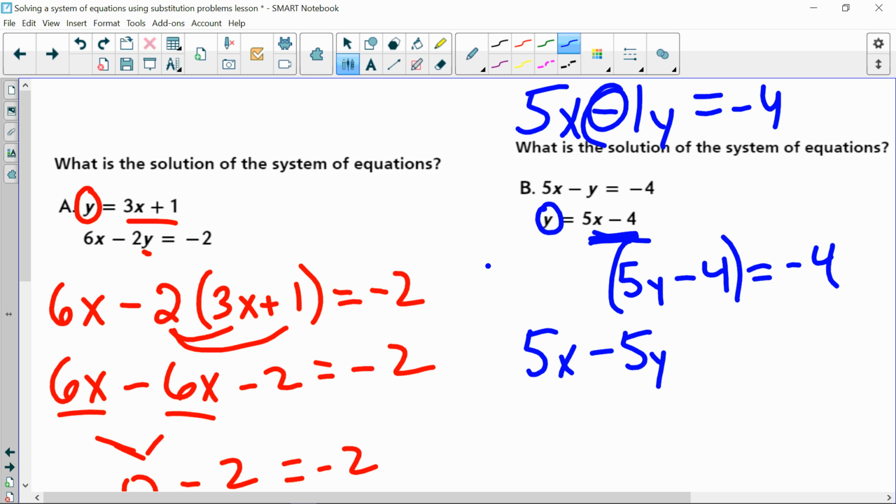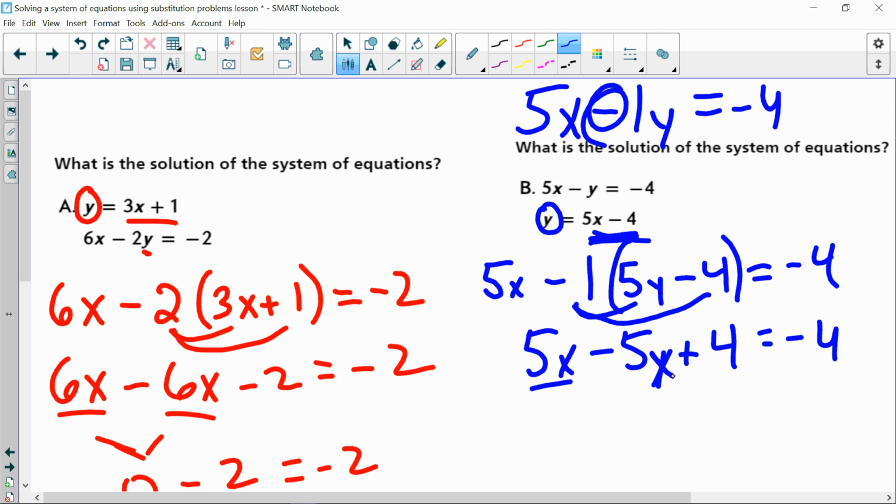So 5x subtract 1 times y. So it's -1 times 5y and -1 times -4, which gives me +4 now. And that equals -4.